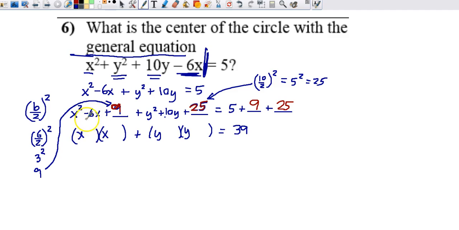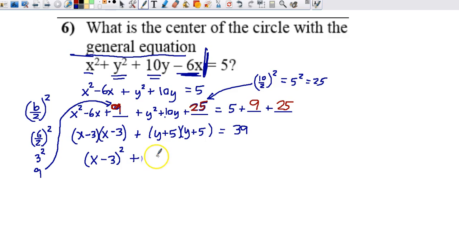We're almost done here. This is going to be negative 3 both times, so this one's going to be 5 both times. Because 5 times 5 is 25, 5 plus 5 is 10, negative 3 times negative 3 is positive 9, and negative 3 plus negative 3 is negative 6. And we want to write that as one factor as a square.